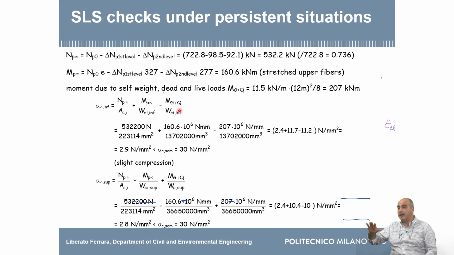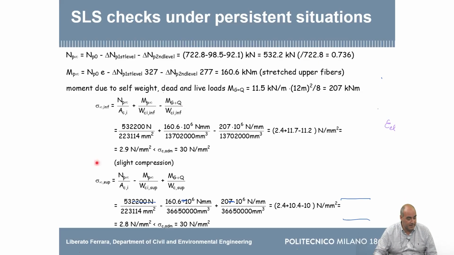Still, we are here under the rare combination, so all the loads are with factor 1. Persistent means what the structure will experience throughout its life. It's not accidental or transient, it's the opposite of transient or accidental. All the characteristic values for dead and live loads are there.